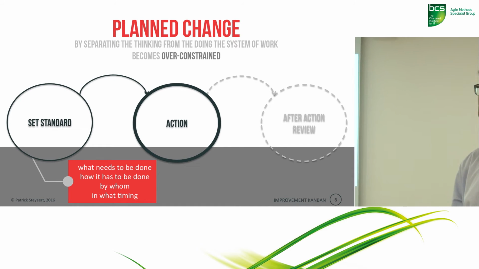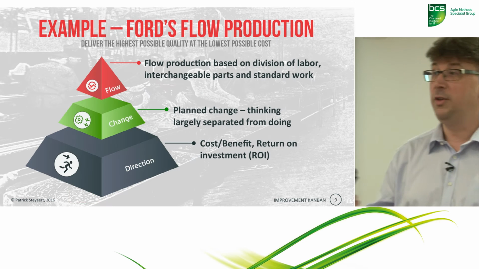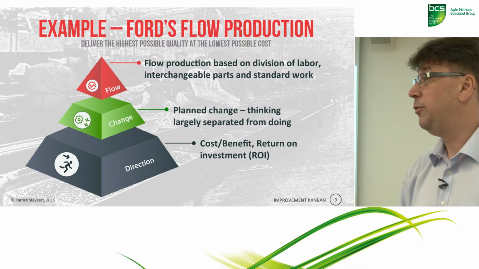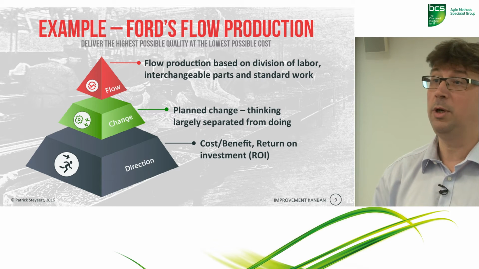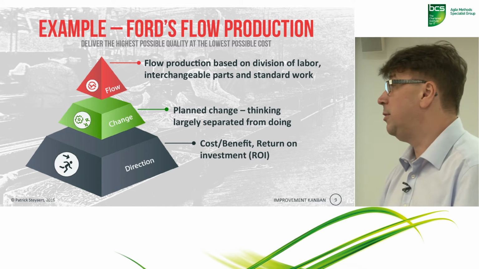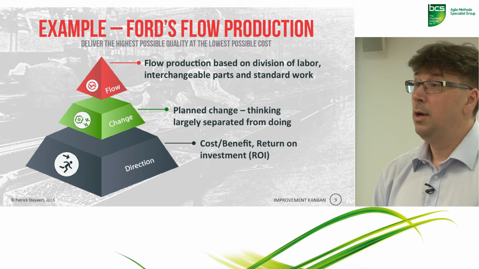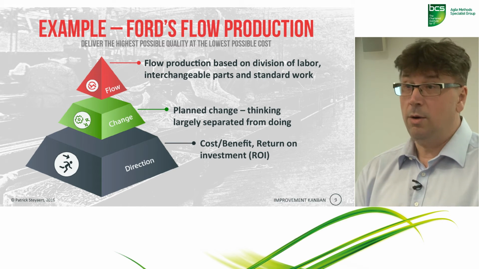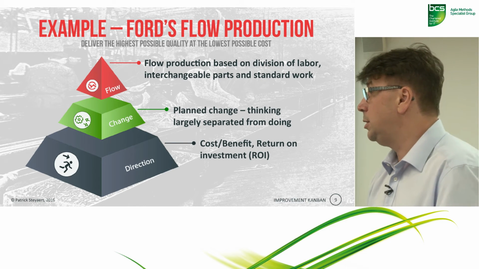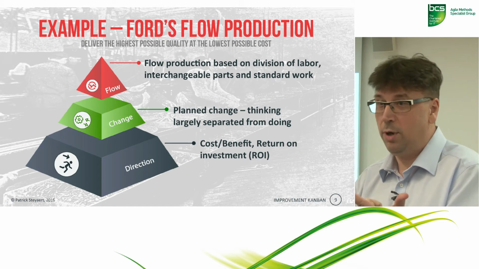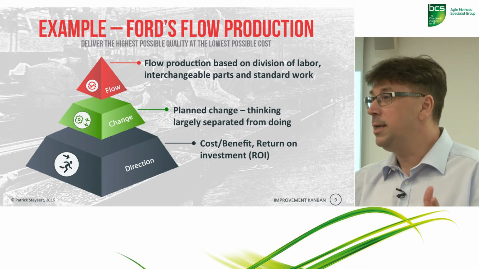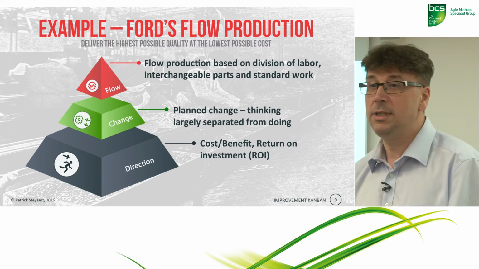The archetypical example of this is Ford flow production, mass production. Ford found himself in a situation where he needed to produce a high quantity at a low cost in a very simple process. One color, one model, over 20 years, in a very simple process.